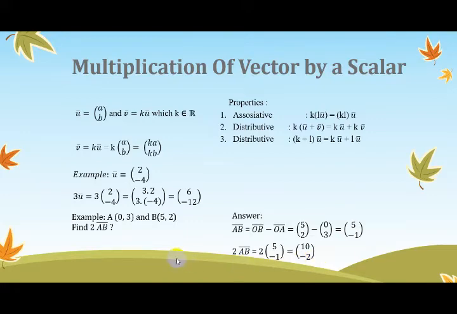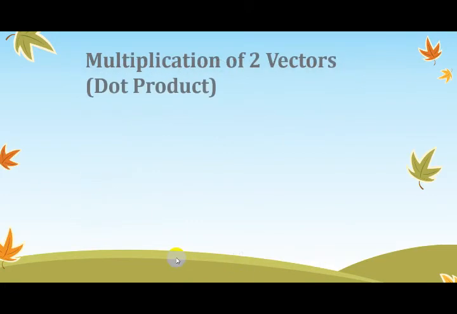And then the dot product, or multiplication of two vectors. We have two vectors u and v. Vector u is (x1, y1). Vector v is (x2, y2). Then the dot product, vector u times vector v, is x1 times x2 plus y1 times y2.